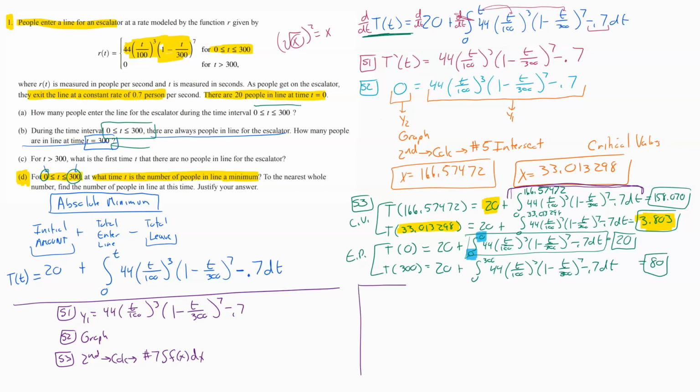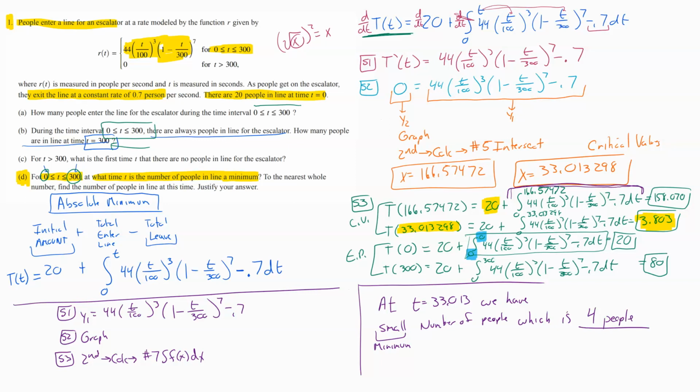So our final answer out of here, we would say our final answer is at T equals 33.013. We have the smallest number of people in line, or you could say the minimum, which is rounding 3.8 up. We would round that up to 4 people.